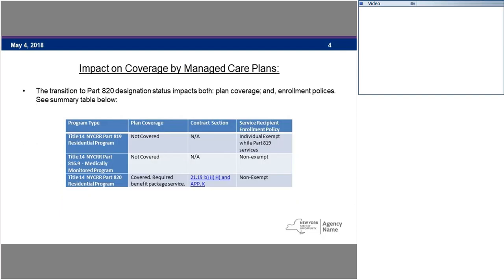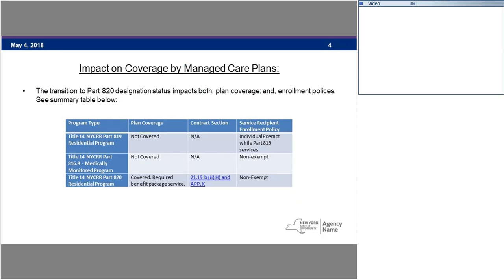What this means for individuals receiving services in the 820 programs is that designation as an OASAS residential 820 program impacts a few things related to programs' relationships with Medicaid managed care companies and the associated managed care enrollment process.